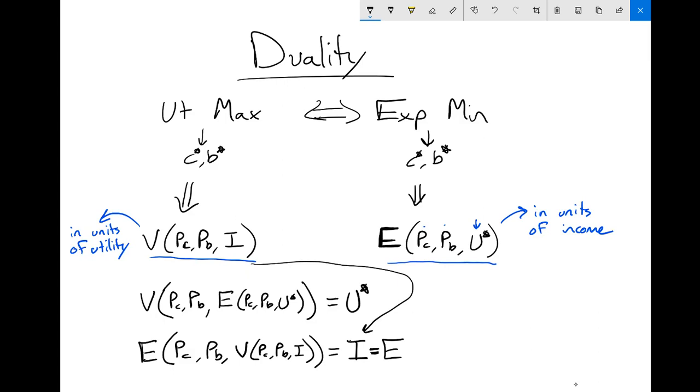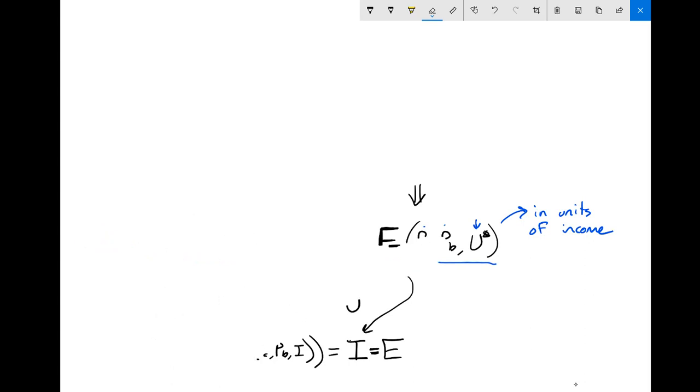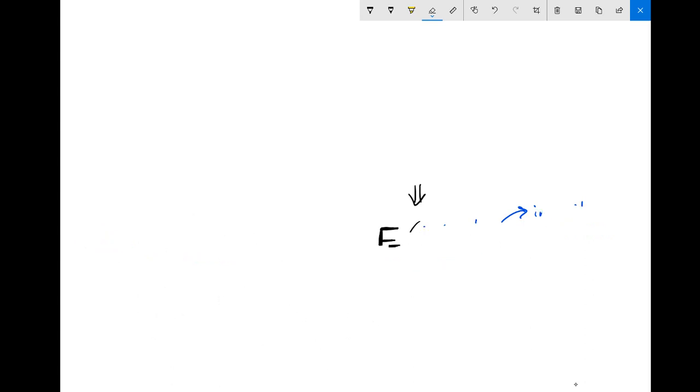Okay. Now I kind of want to demonstrate this duality relationship, and I want to demonstrate it using the expenditure minimization problem that we already had. So this is what I'm going to do. To demonstrate the duality, I'm going to solve the utility maximization problem that would go with the expenditure minimization problem that I already did.